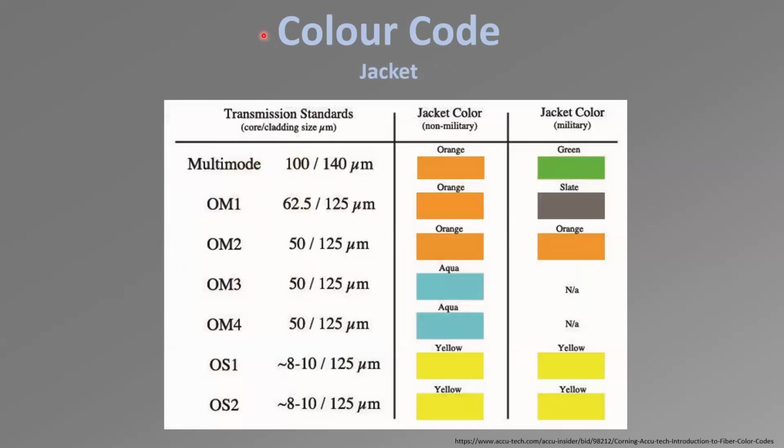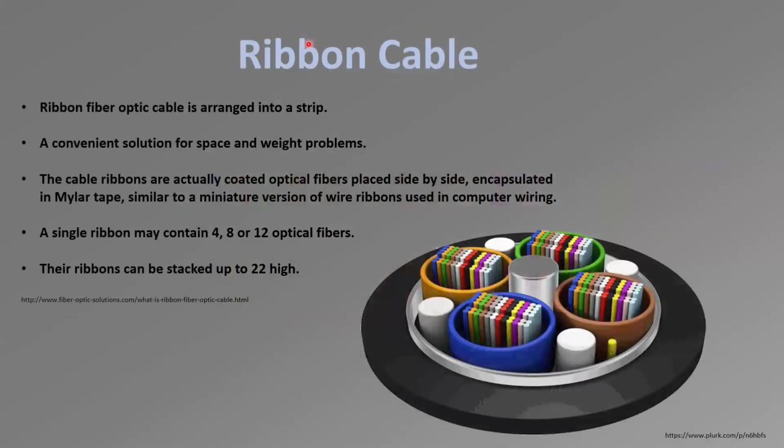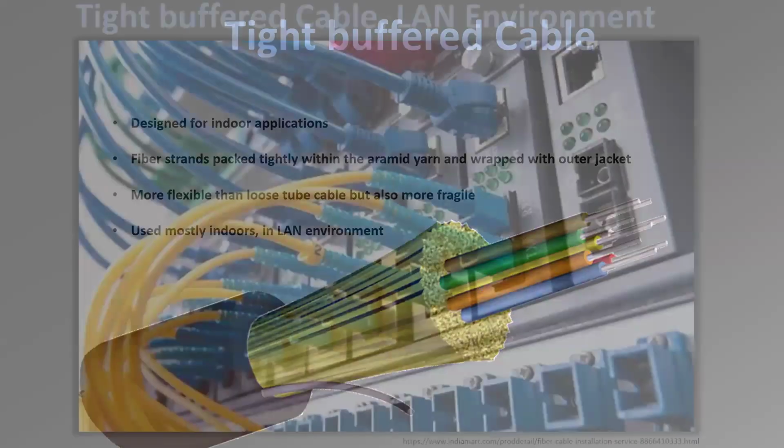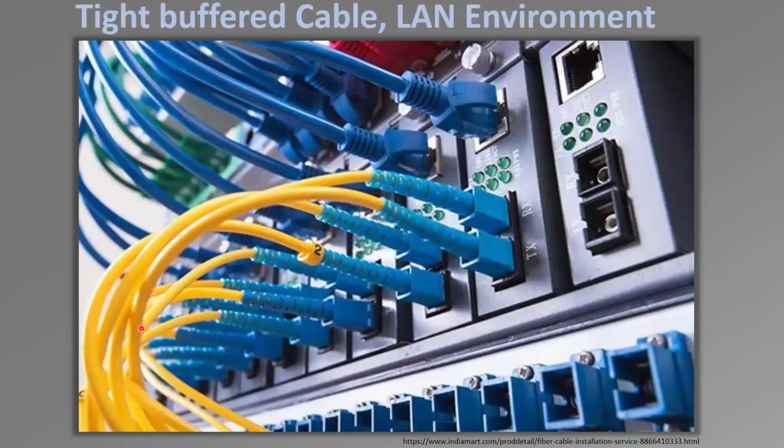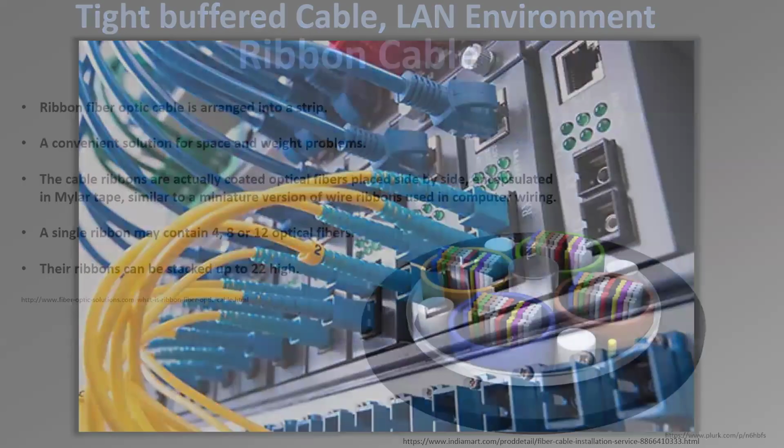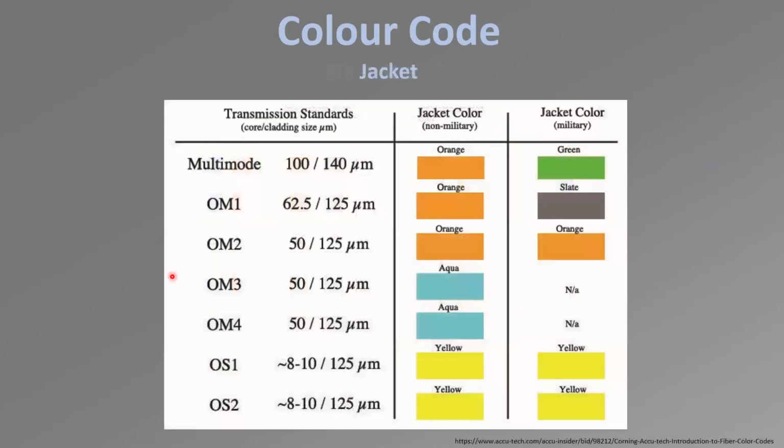Now, those were the fiber optic strands. Let's talk about the jacket color of fiber optic lines. So here's the jacket color. Multimode OM1, OM2, OM3, and OS1. OM stands for optical multimode.